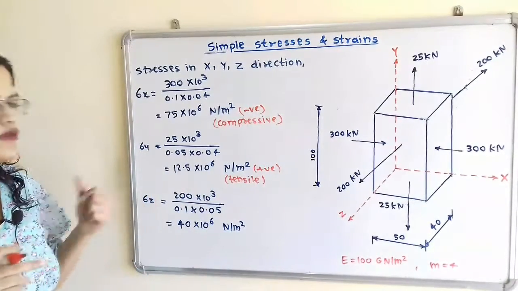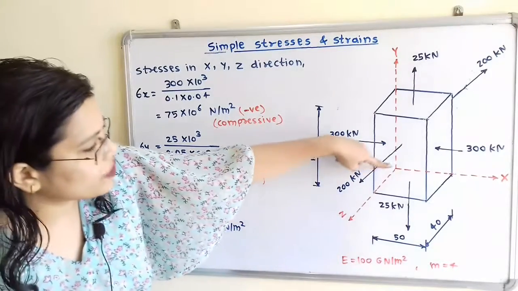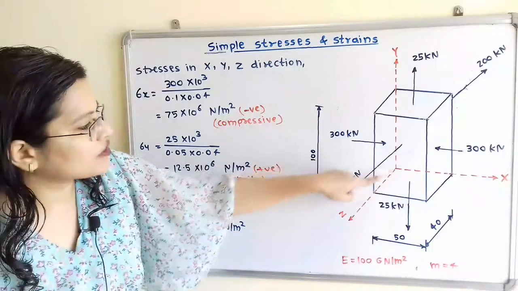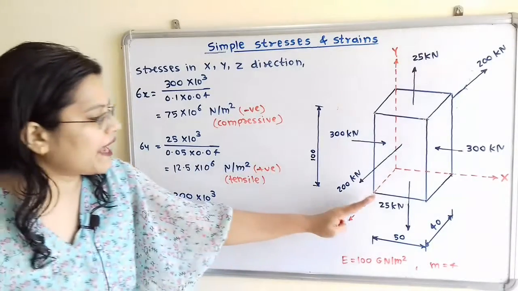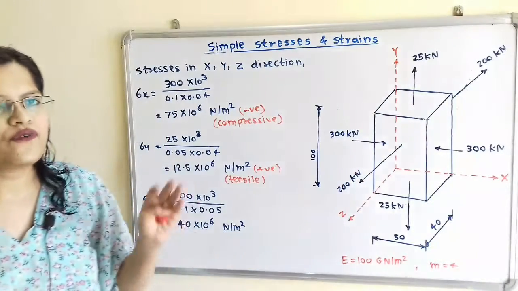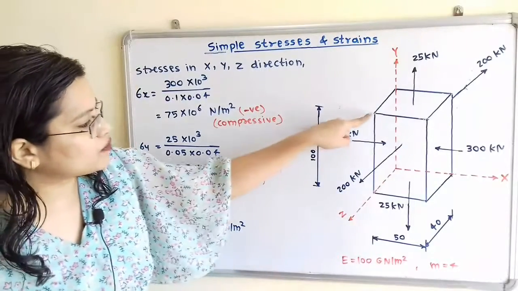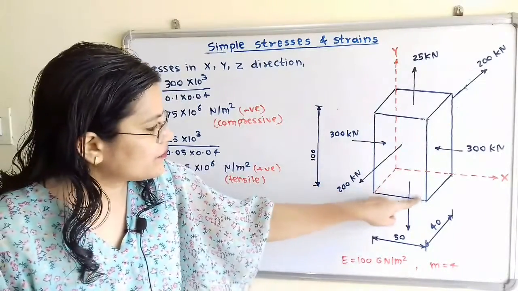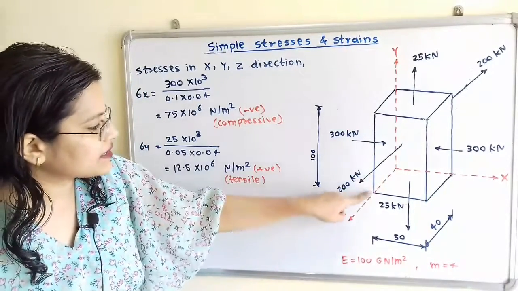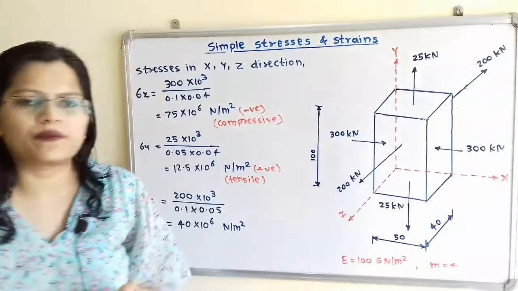Now we will move to calculate the stress along z direction. Now if we observe, this is the direction of z. Now the force along z direction, that is the force parallel to this z direction, is 200 kilonewton. So force is equal to 200 into 10 raised to 3 Newton. Now we have to observe the face for which this 200 kilonewton force is acting, whose length is equal to 100 millimeter and width is equal to 50 millimeter.